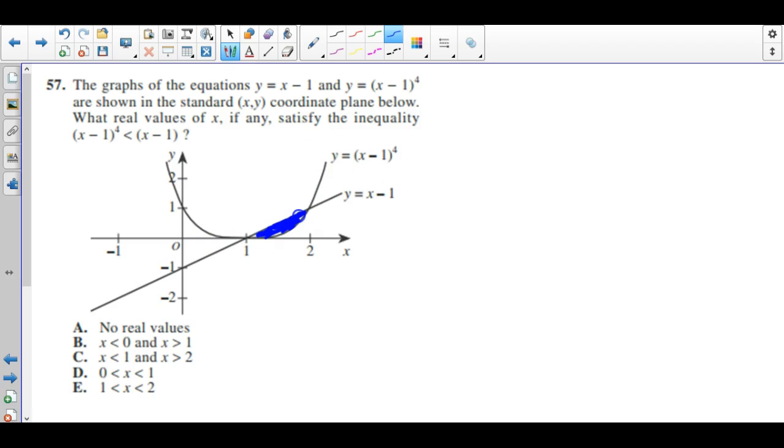So I'm shading this area, and it's talking about x values. So which x values does this occur between? And that is between the x values of 1 and 2, where the blue area occurs then. And that is option E, which says that x can be between 1 and 2, then your y values for the line would be greater than the y values for the parabolic looking function.